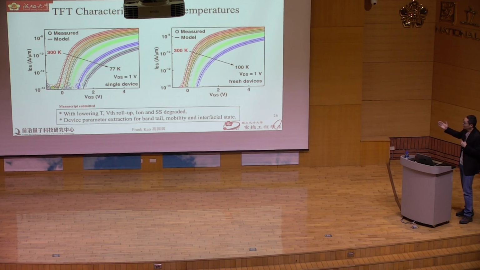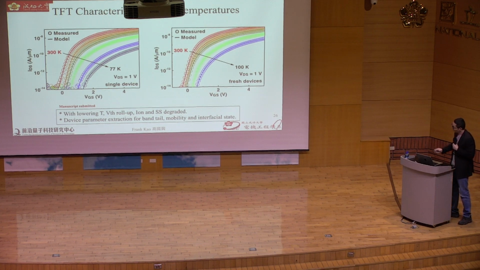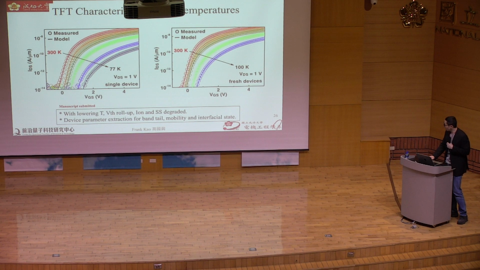To do that, non-crystalline channel transistor is one of the possibilities. So we fabricate silicon thin film transistors and characterize them at low temperature. That's the result from 300K down to 100K.